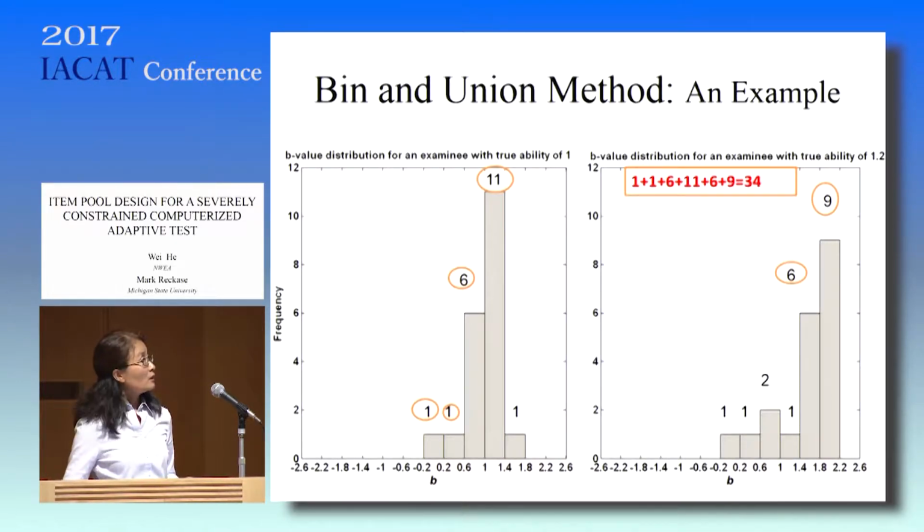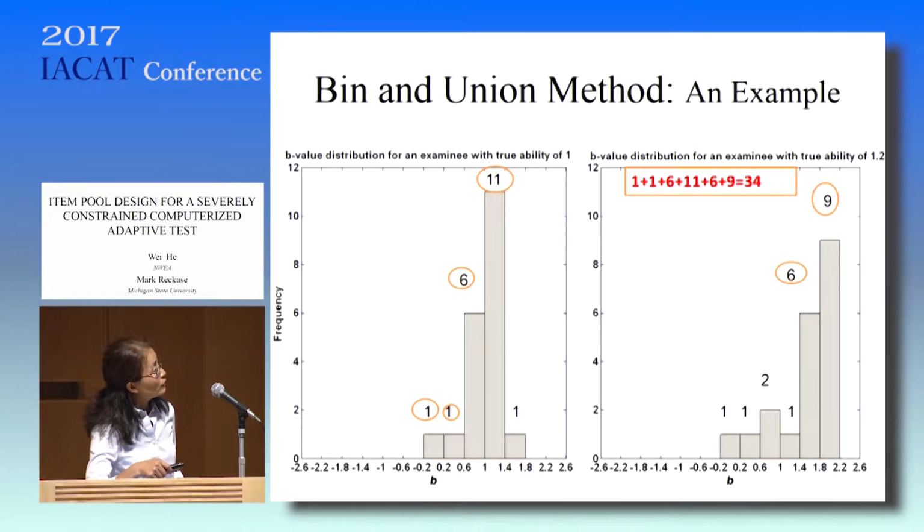The figure on the left panel depicts the item distribution for the first examinee with ability of 0.1. As you can see, those numbers depict the number of items in each bin. For the second examinee, this is the distribution of items in each bin.